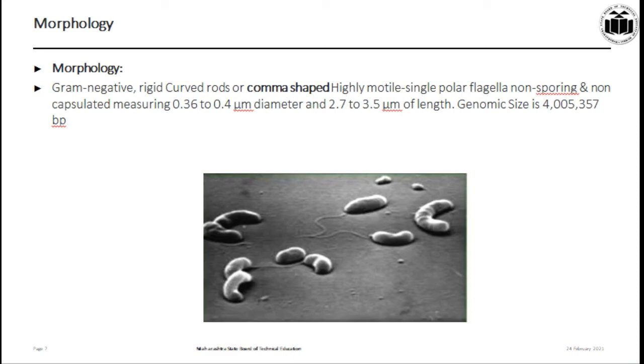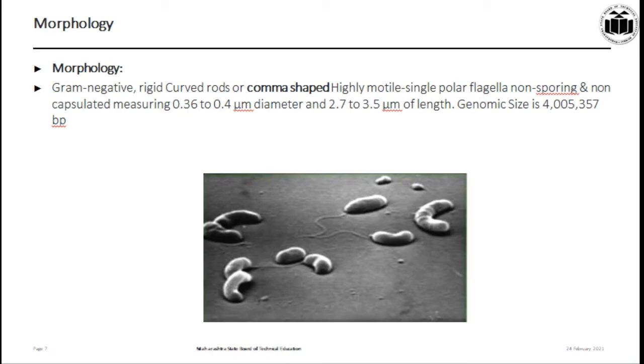When we discuss the morphology in further detail, Vibrio cholerae is a non-spore forming and non-capsulated bacteria, that is, it is unable to produce spores and also unable to produce a capsule.